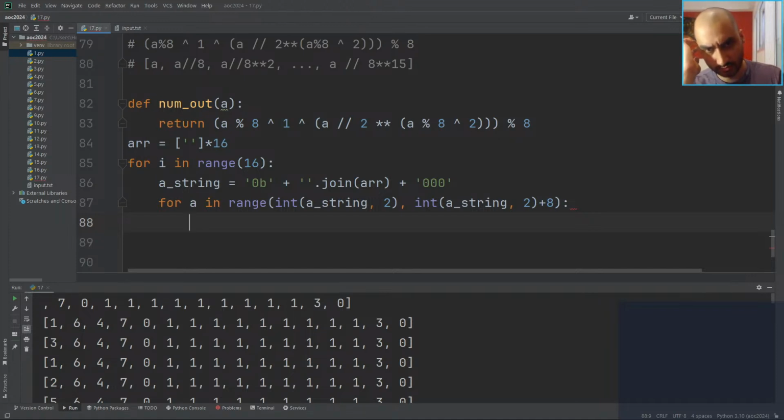There could be multiple. Oh man. They said the lowest positive integer, so we've actually got to find the lowest value.